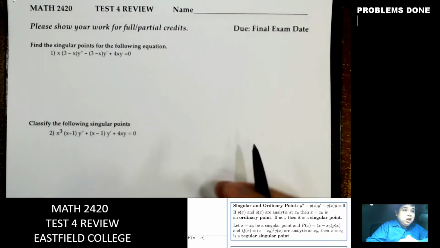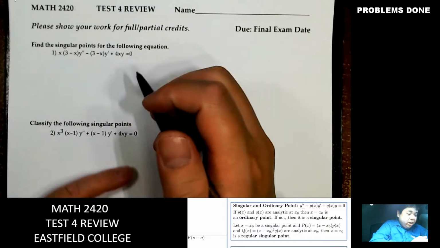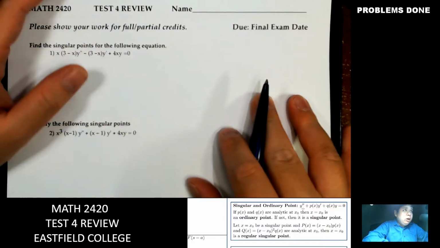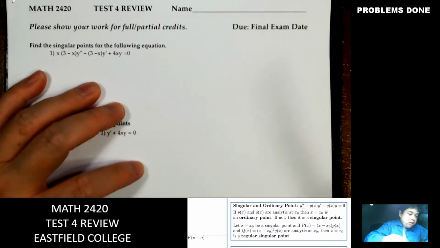So to get the singular point by the definition here, the definition is for the equation in the standard form, so we change that into the standard form. We'll divide by x times 3 minus x.